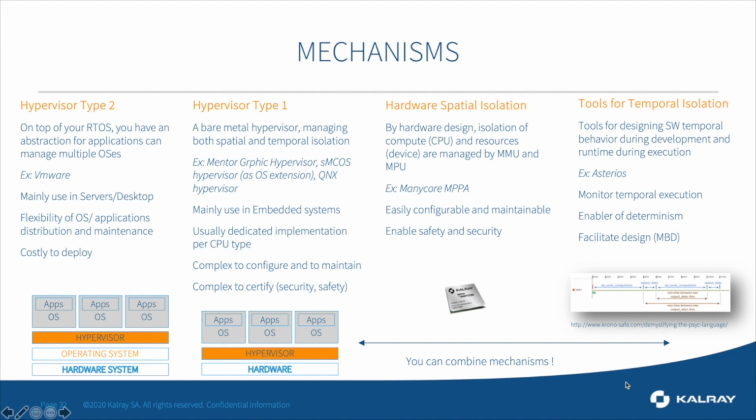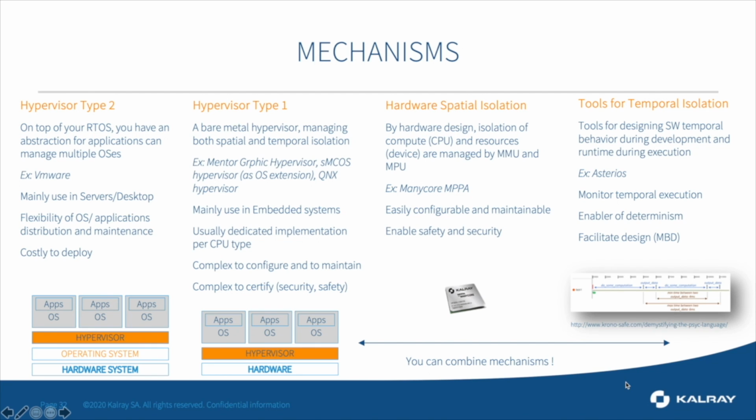There are many mechanisms for that. I'm illustrating four of them here. You probably know the hypervisor type 2, which on top of your operating system, let's say Windows, adds a hypervisor, let's say VMware, that welcomes different types of OS and applications and takes care of sharing one hardware, your laptop.